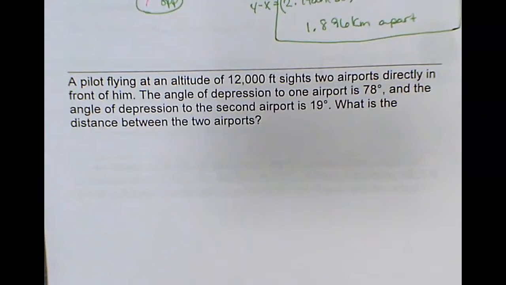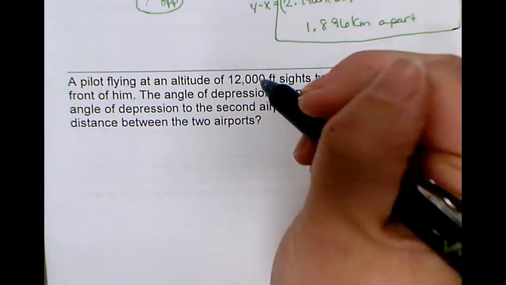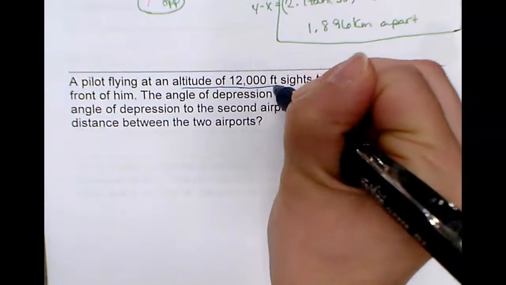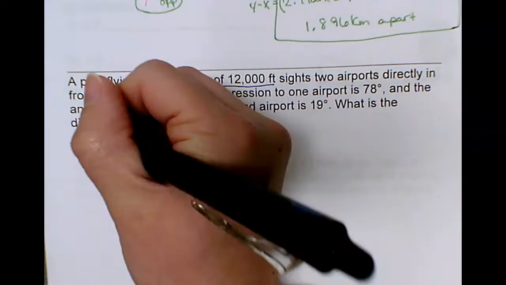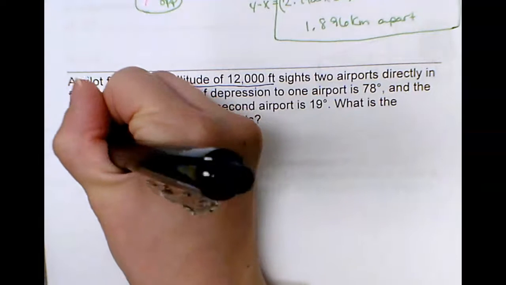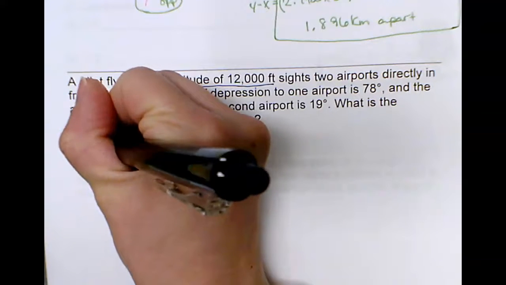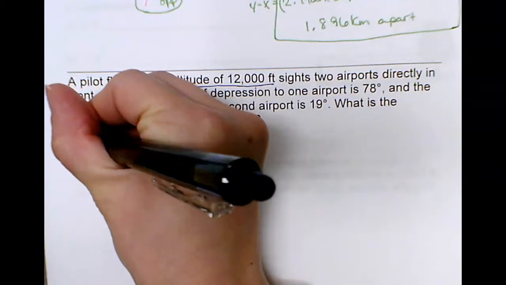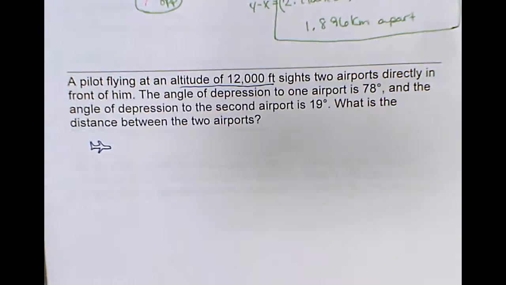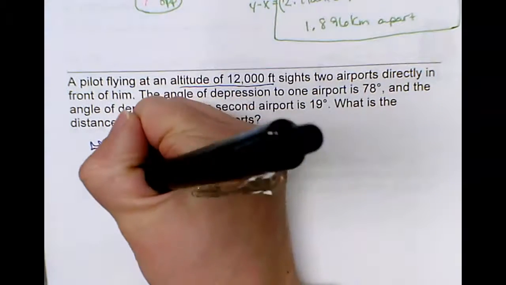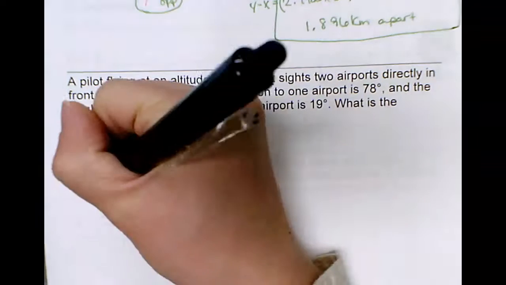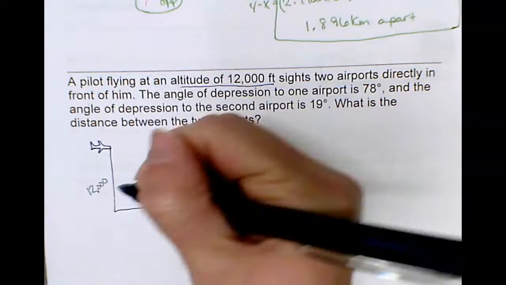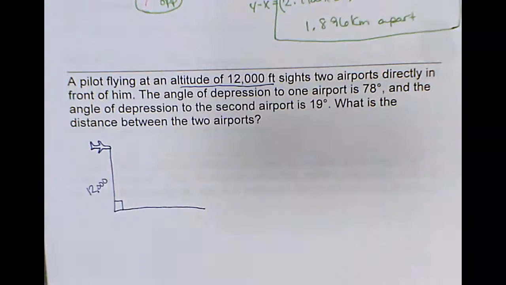Okay. So our last problem today is a pilot that is flying at an altitude of 12,000 feet. So again, pilot, flying at 12,000 feet, sights two airports directly in front of him.